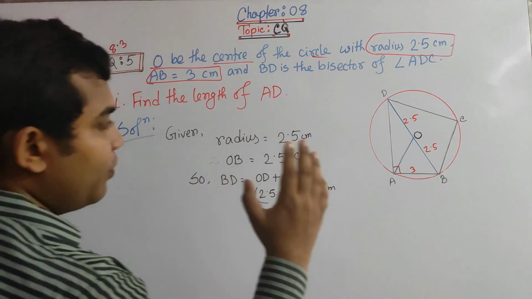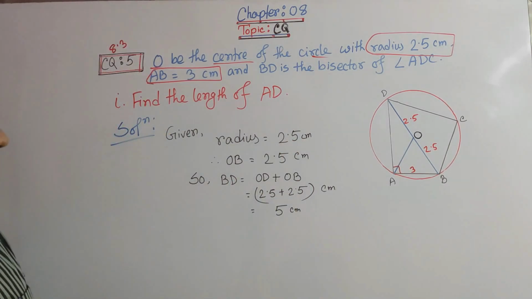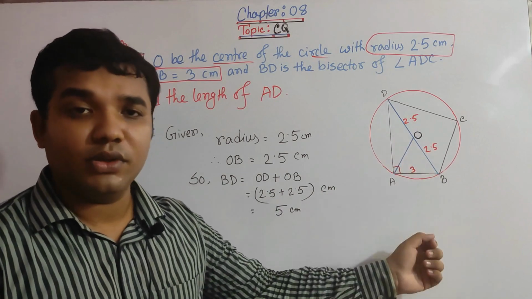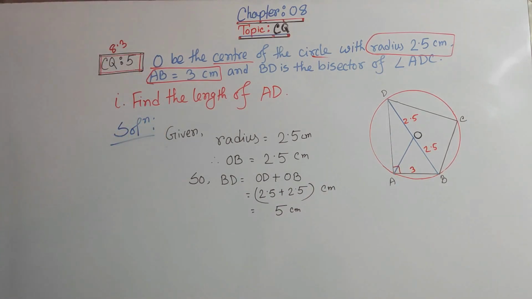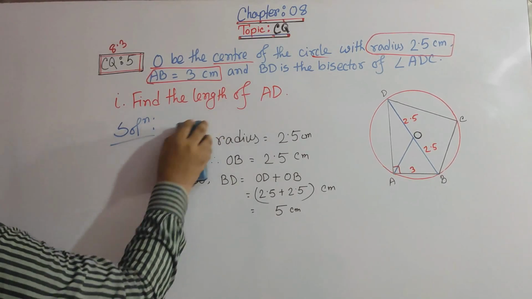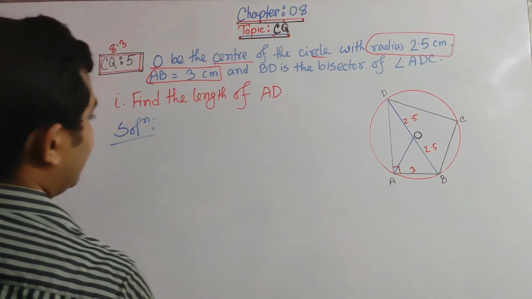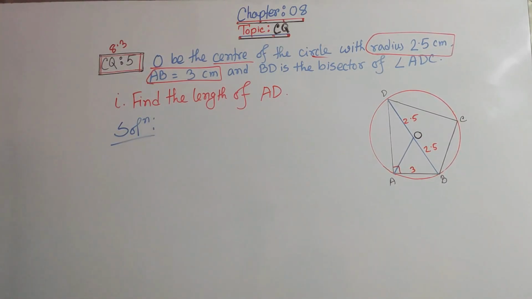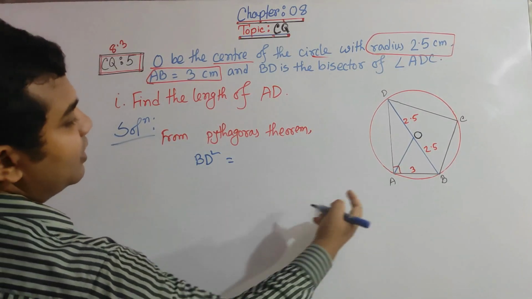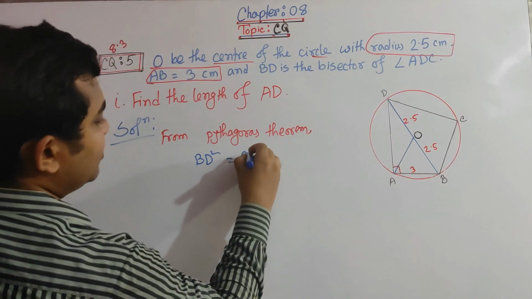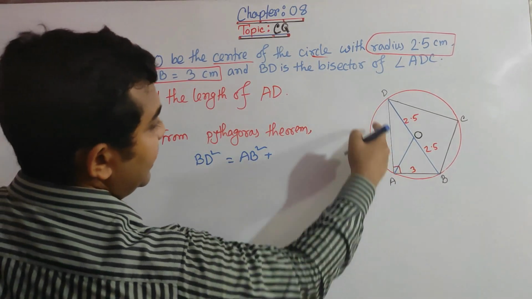We know from the Pythagoras theorem that hypotenuse square equals base square plus height square. So from the Pythagoras theorem, BD square, the hypotenuse, equals AB square plus AD square.